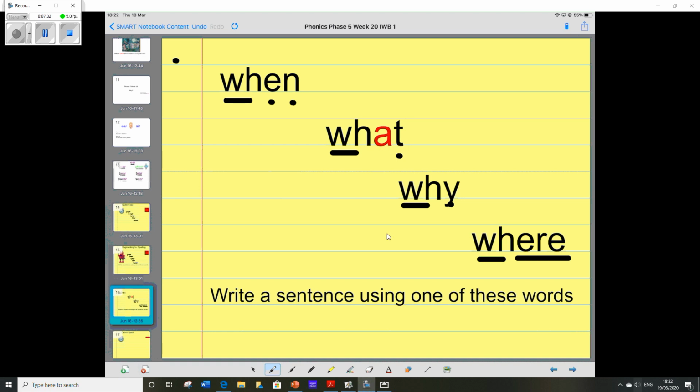What. And the third tricky word. Why. And our final tricky word. Where. Not quite so tricky now. We know that that can make the air sound. So again, grown-ups, pause this and give your child a chance to write an amazing sentence using one of these words.